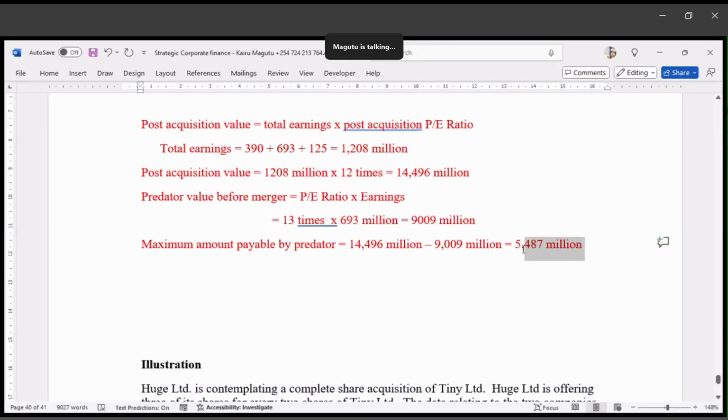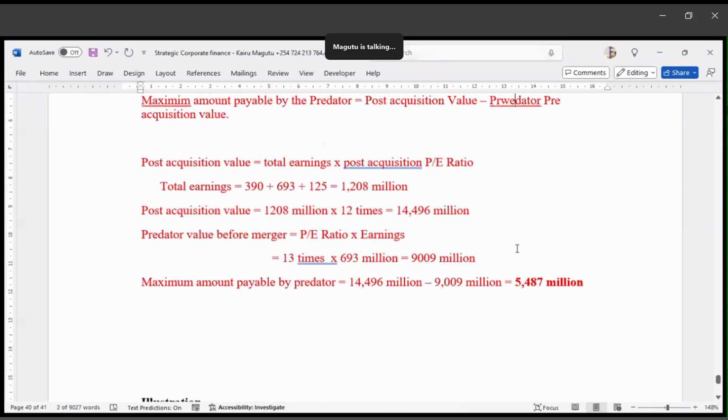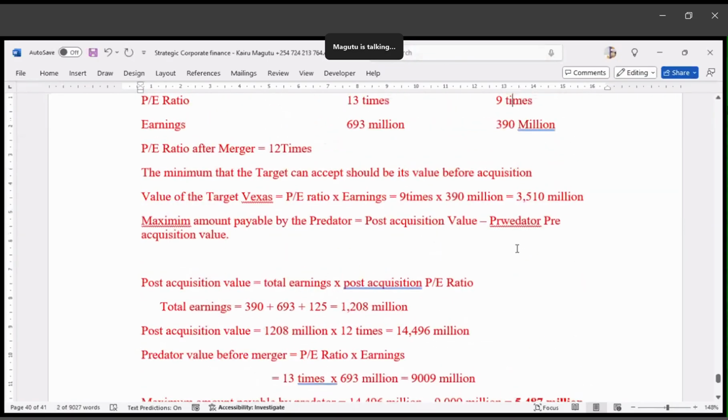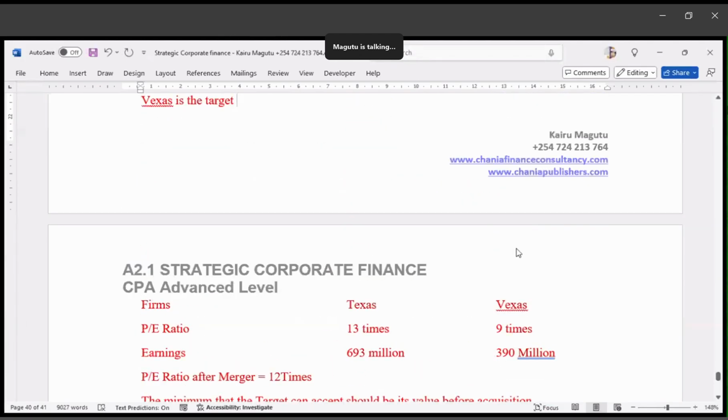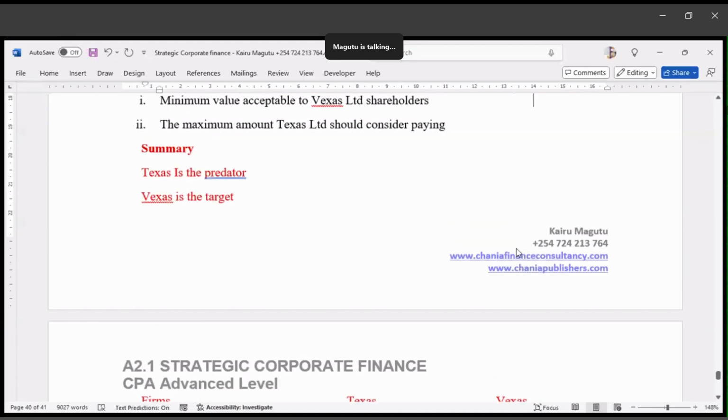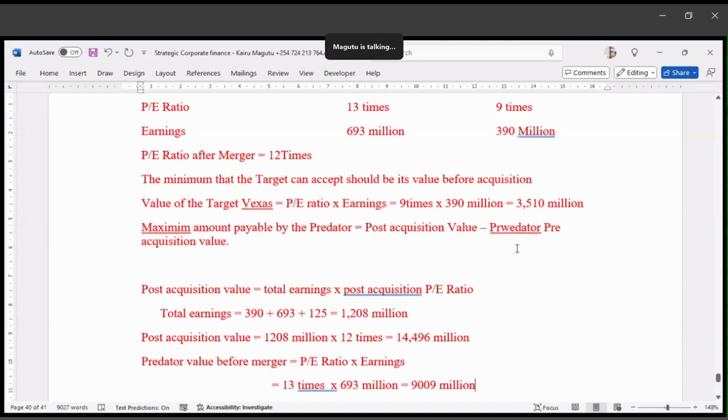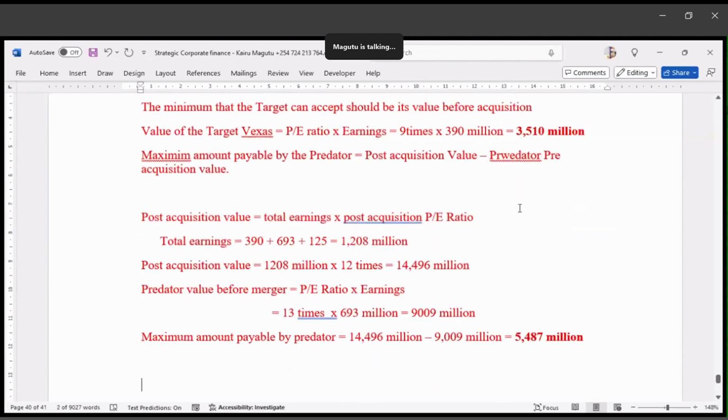The predator will be willing to pay a maximum of this. The target will be willing to accept a minimum of, how much was it? A minimum of this. So that tells you that there is room to bargain.